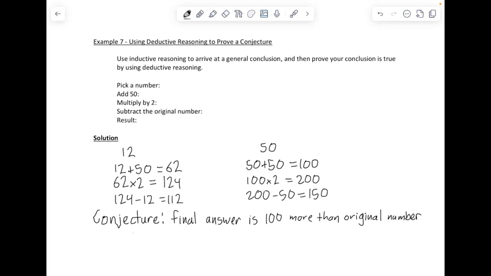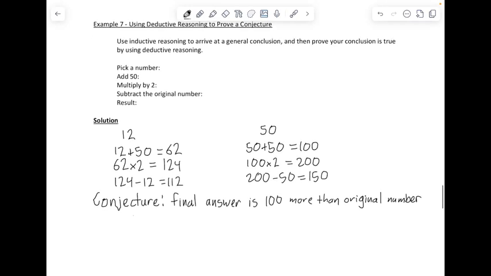That's our conjecture, or our educated guess, that every time you pick a number and go through these steps, you will end up with a result that is 100 more than the original number. We see that happened with the two specific cases that we tried, right? The first case, we started with 12, we finished with 112. The second case, we started with 50, and we ended with 150.